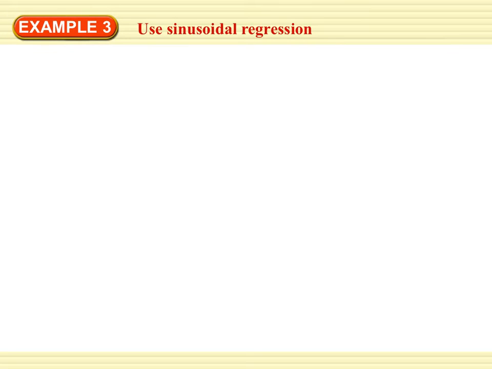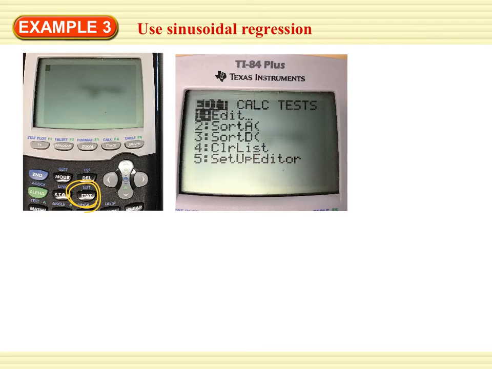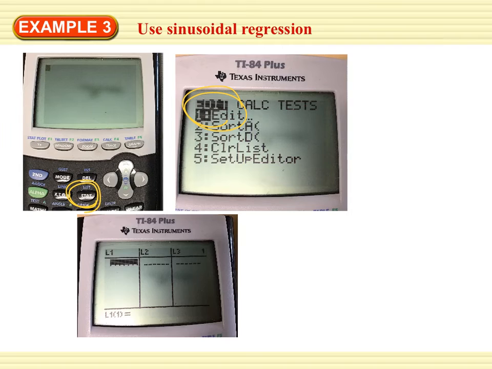So I'm going to push the stat button on my calculator. Hold on, I'll show it to you. It's right here. So press that button and then select edit. And then fill in all of your information. List 1 is going to be your years, 1, 2, etc. List 2 is going to be the data.